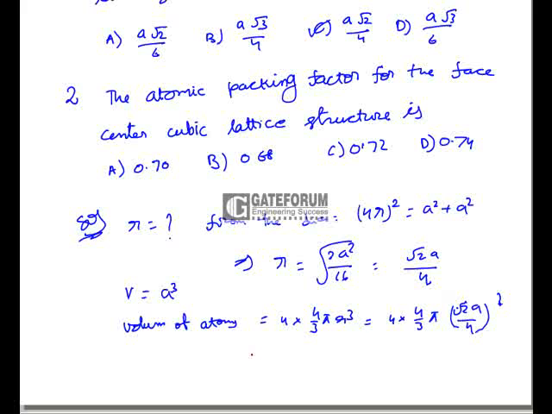So from this it is equal to pi a cube root 2 by 6, and the atomic packing factor is equal to pi a cube root 2 by 6 divided by a cube, which is nearly 0.74, and in the option the right option is D. D is the right answer.